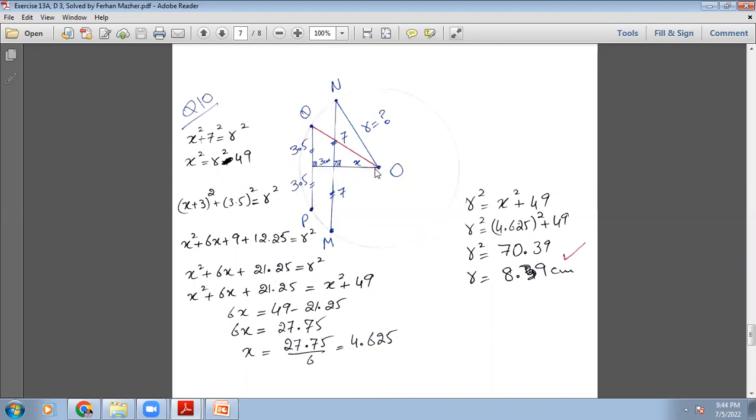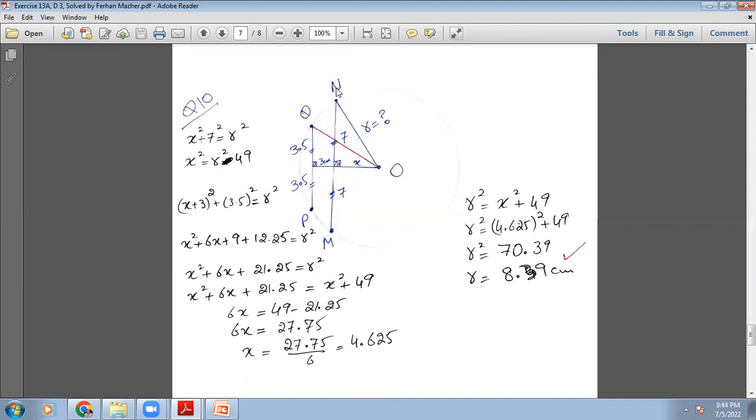Suppose that the distance of the MN chord from the center is X. So the distance of PQ from the center will be X plus 3. I don't know the radius, so I will try to find out the radius. First of all, I take this triangle, NO and this, okay?